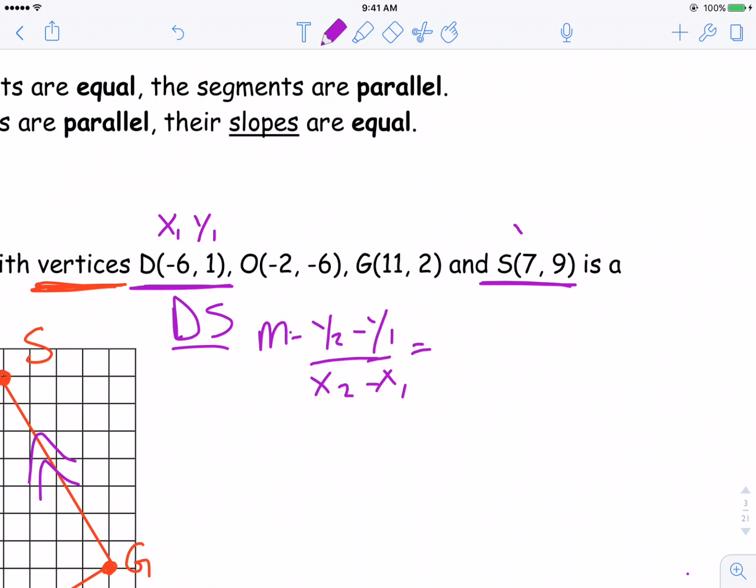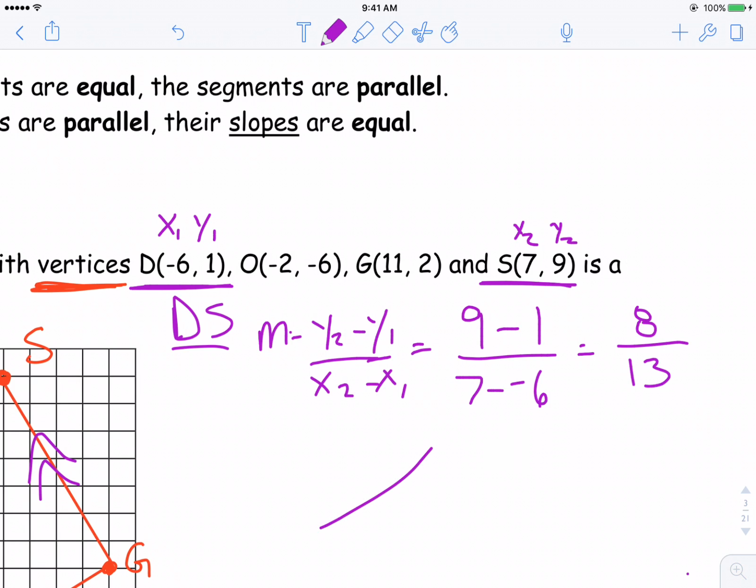And I'll label these the first time around, but after that, just for simplicity and speed for the video, I won't write the formula again. So y2 minus y1 is going to be 9 minus 1 over 7 minus negative 6, which is going to be 8 over 13. That's DS.